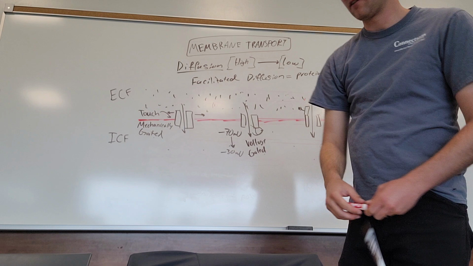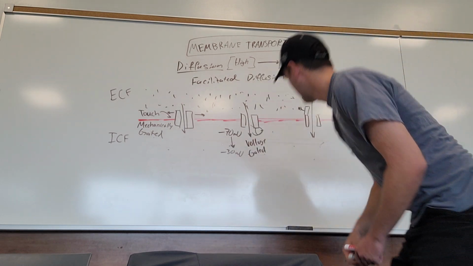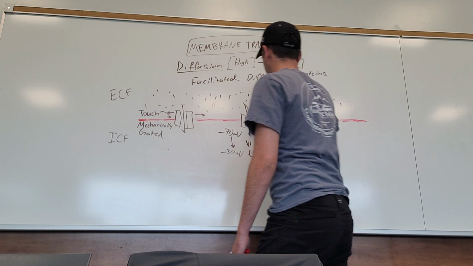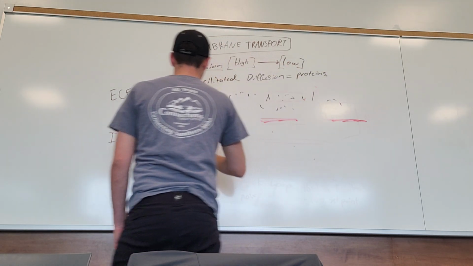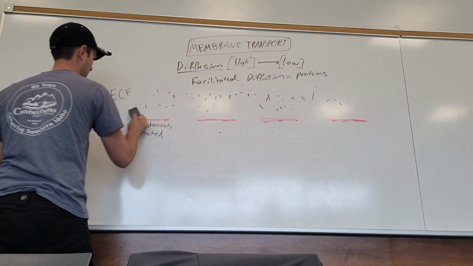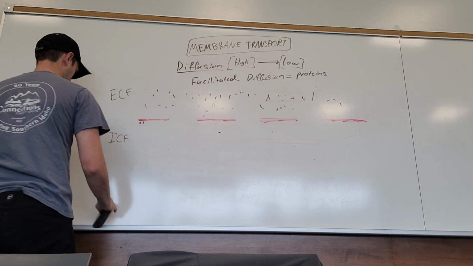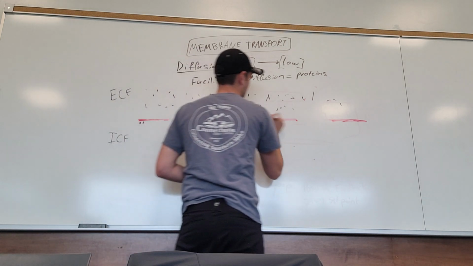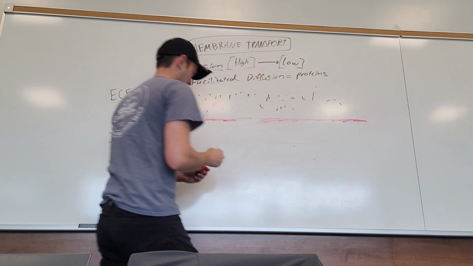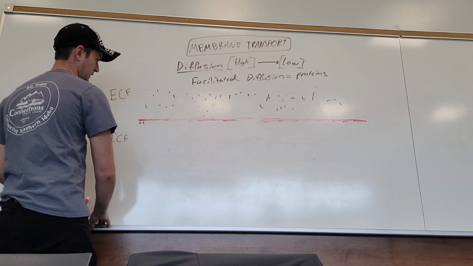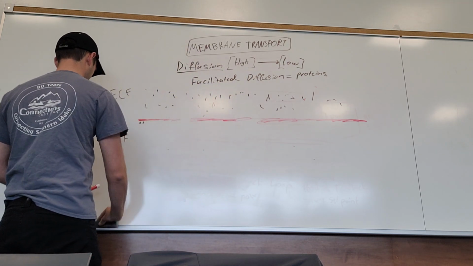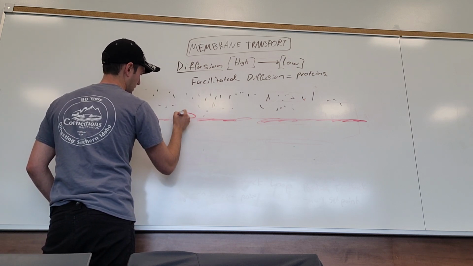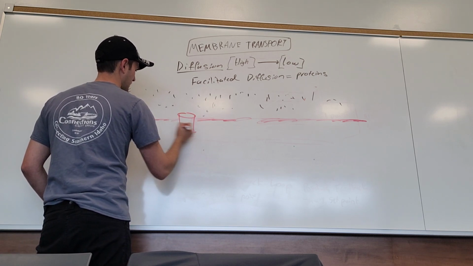Let's see here. There's other things that we have that would also let's see here. Kind of redraw this here. We could also have what's called leak channels. Put something like that. It's kind of like a little tube thing.